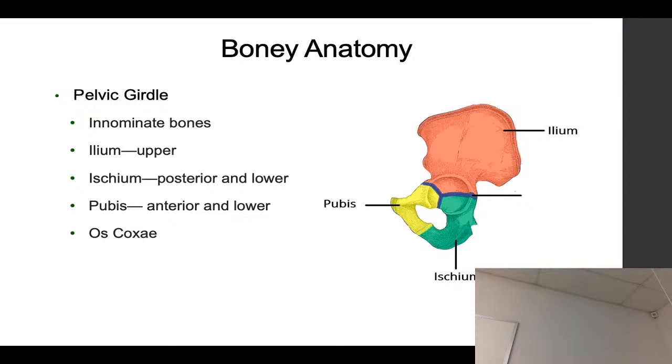So the front aspect is going to be the pubis, because we know this is the pubic symphysis. And then lastly, we're going to have the ischium, which is the green part. It's going to be posterior and lower, so that will be the back of this. If you remember, we had the ischial tuberosity, because it's on the ischium. So ilium, ischium, pubis: all 3 make up the innominate bone or the os coxae.